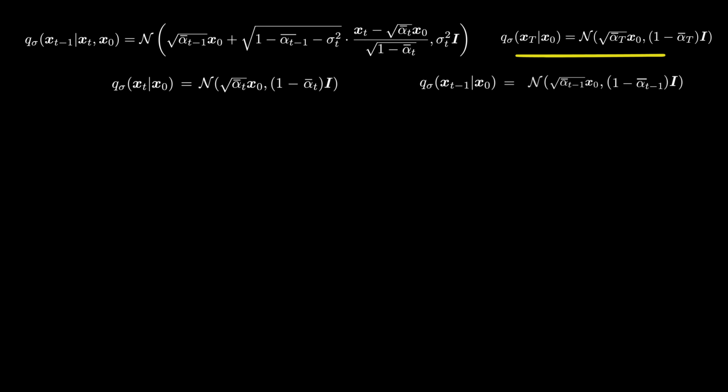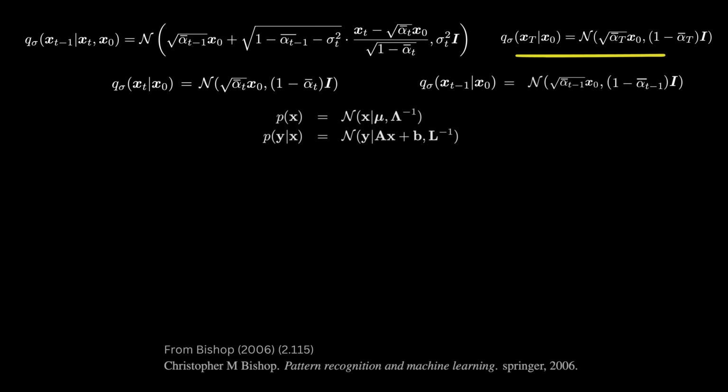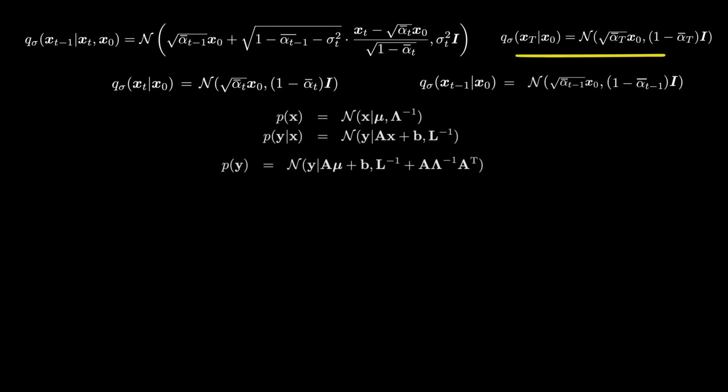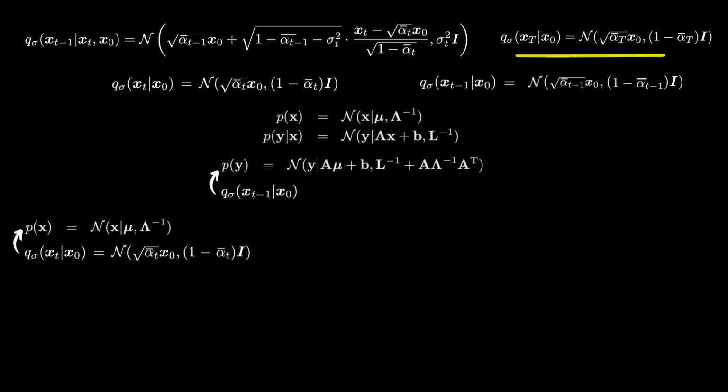The authors use the following identity for the proof, which states that if p of x and p of y given x are Gaussians of the following form, then p of y can be derived to be this. We'll use this to get an expression for q sigma of xt minus 1 given x0. So that will be our p of y. P of x is q sigma of xt given x0, which we assume to be of this form.